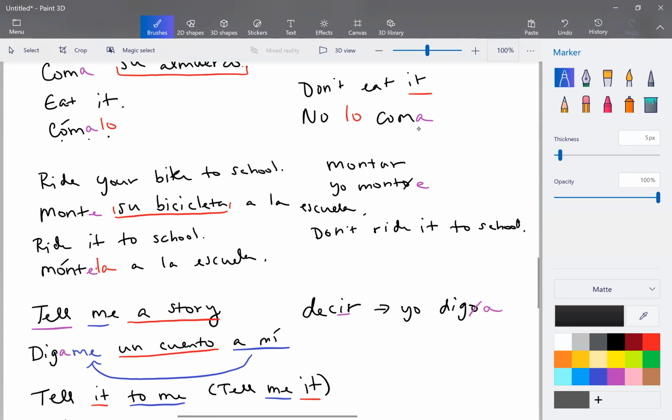Don't ride it to school. What would we do there? No la monte. Perfect.